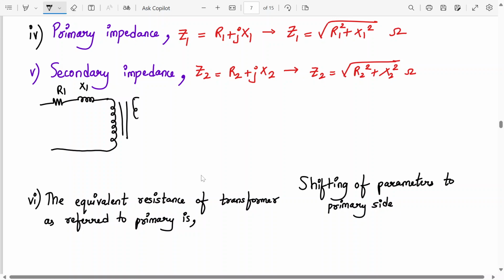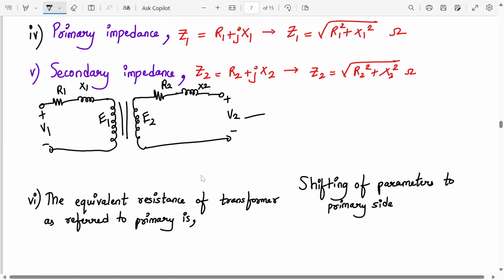Then I have the secondary winding resistance R2 and secondary reactance X2. So this is plus minus V2, this is E2, E1, this is plus minus V1. We have to transform the entire secondary resistance into the primary, and why do we do that? For simplification.